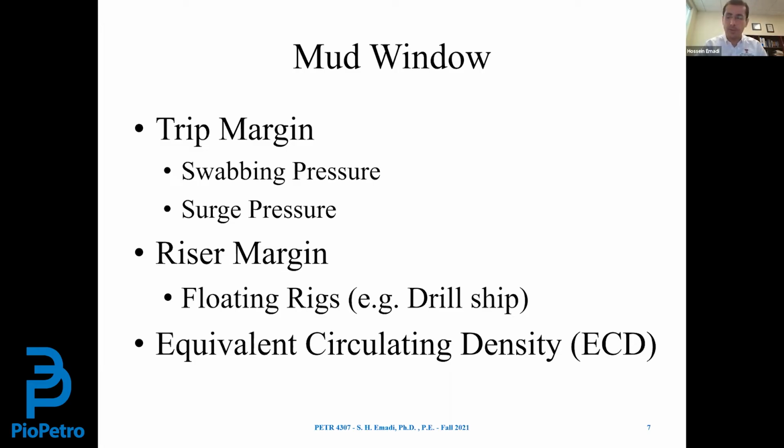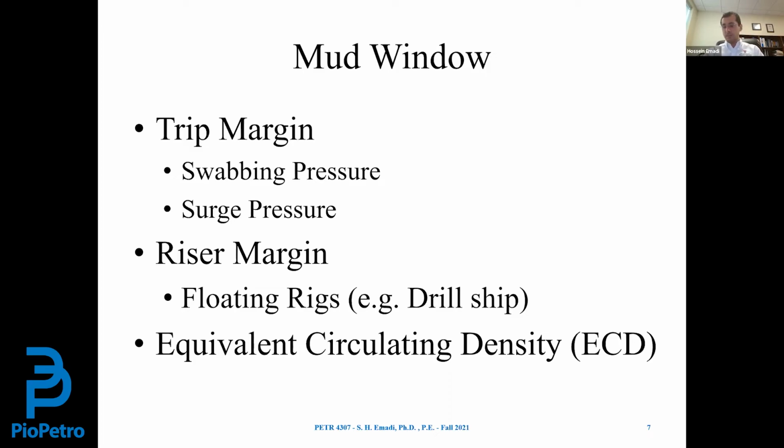So they came up with this concept, equivalent circulating density, saying that during the circulating operation, it's like the well is filled with a heavier mud. I mean, it's not the right term, but this is the concept, the perception of the concept. So for this reason, bottom pressure is not a constant value.